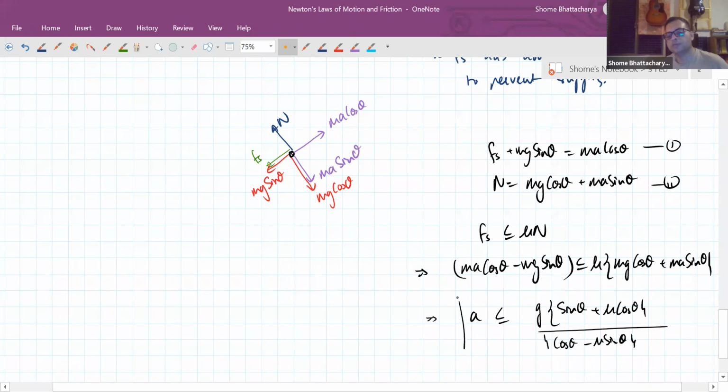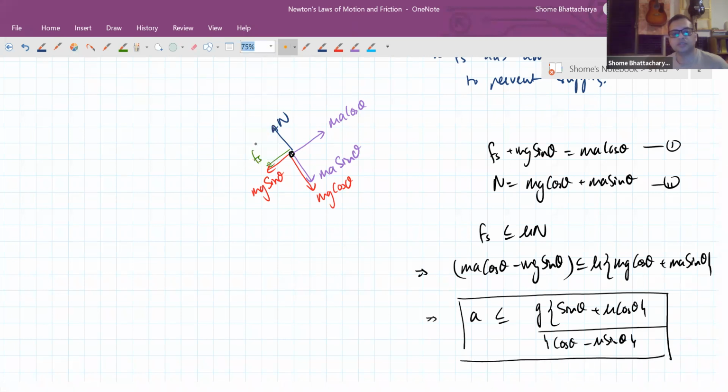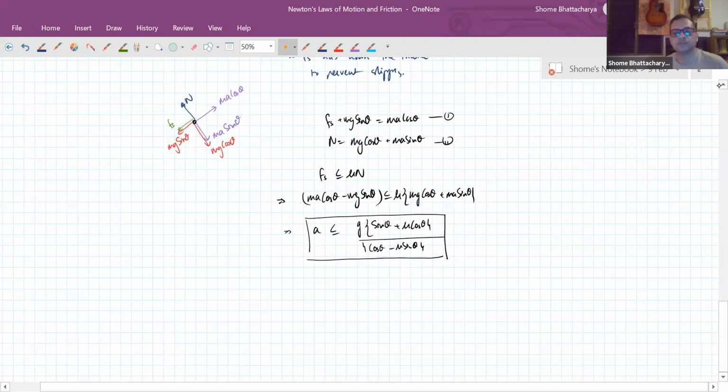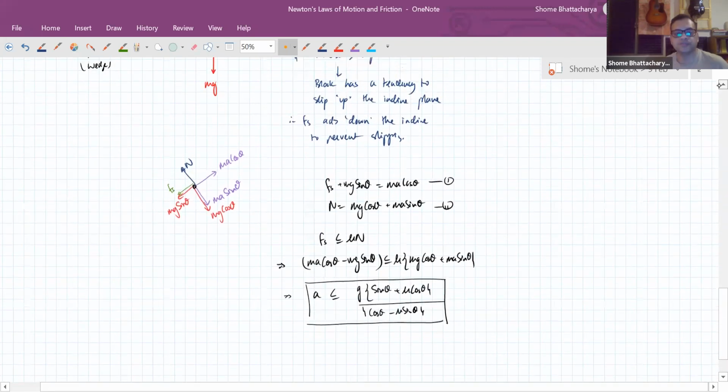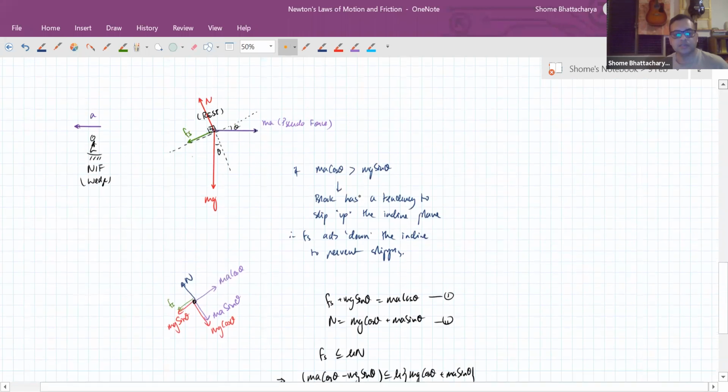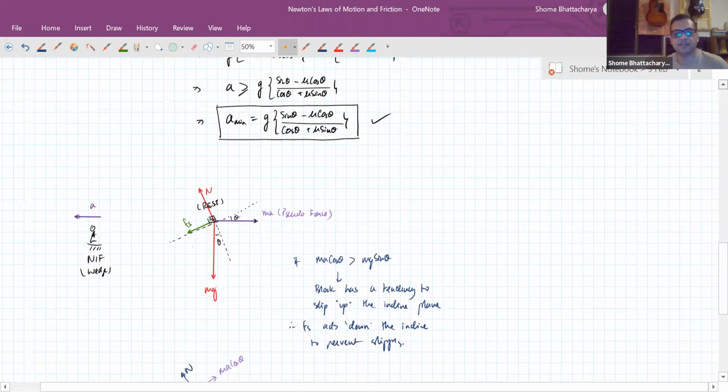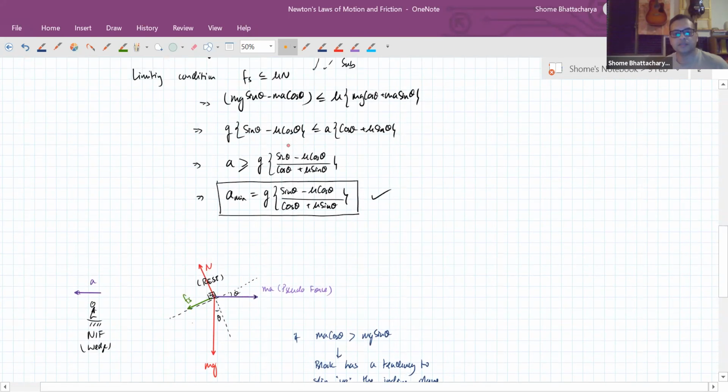Now the point I was going to make is that this particular equation could have come by just using a simple shortcut trick, that since the direction of friction has got reversed, because it's the other way around now, it has a tendency to slip up the inclined plane. We can directly get that relation by just reversing the direction of friction in this particular inequality. So that would mean that we want to replace mu with minus mu.